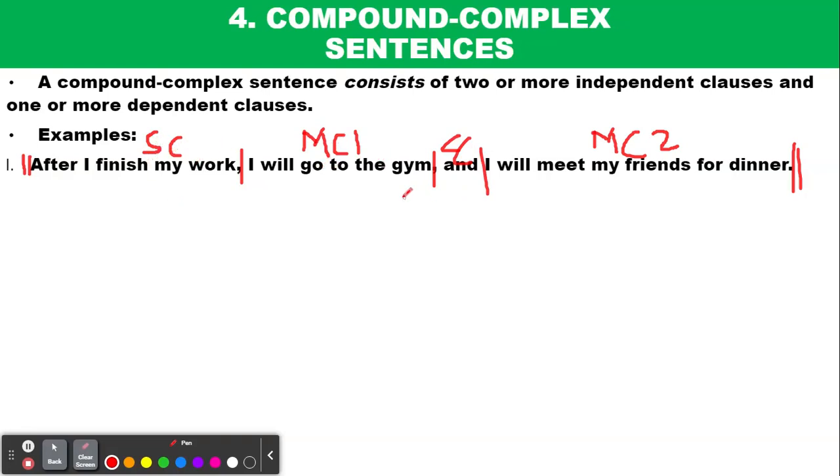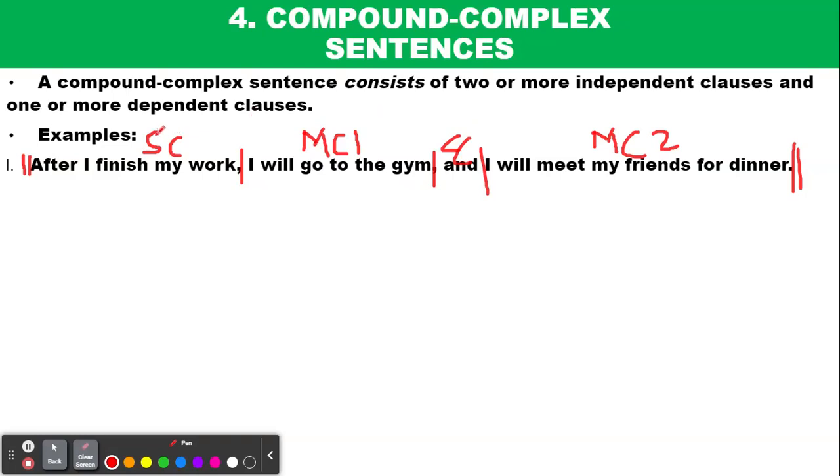Now, when we look at main clause 1 and main clause 2, they are joined together by CC, which is a coordinating conjunction: I'll go to the gym and I'll meet my friends for dinner. Together, these two main clauses joined by and constitute what we call the compound sentence, which we earlier saw.